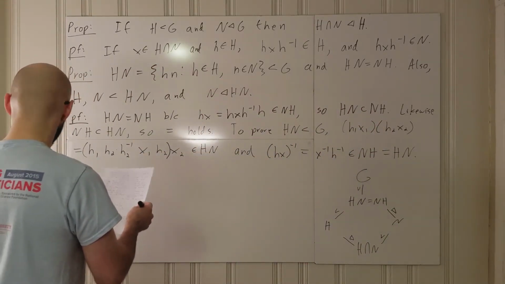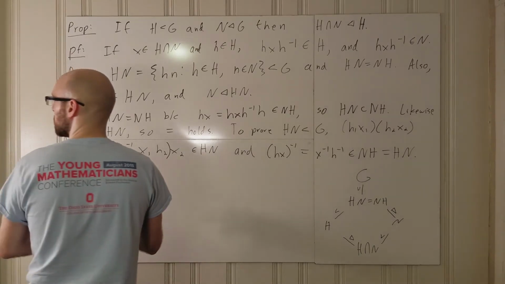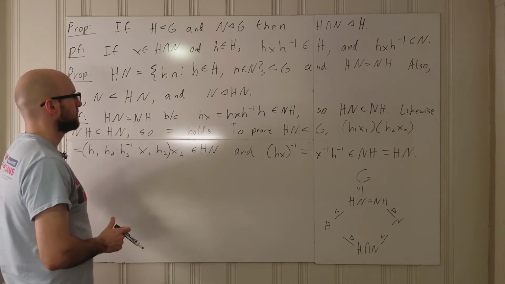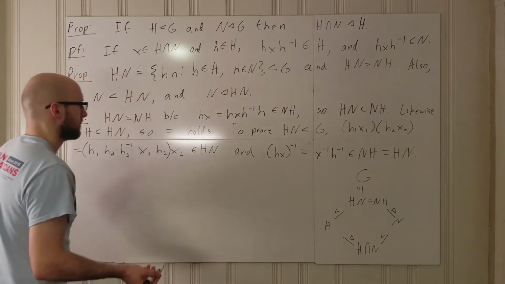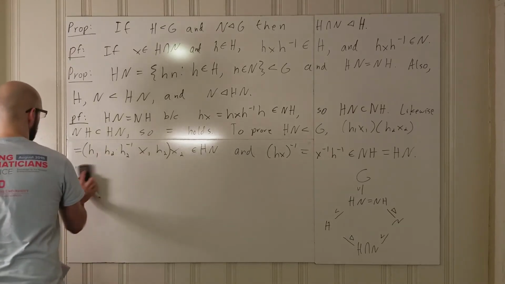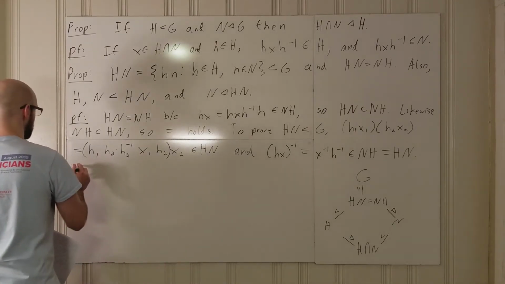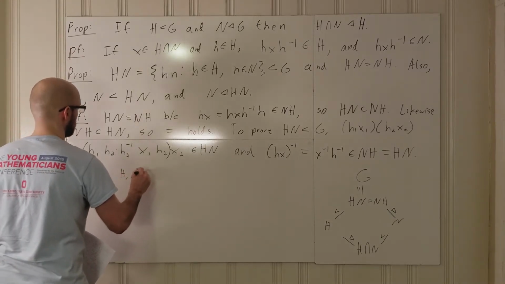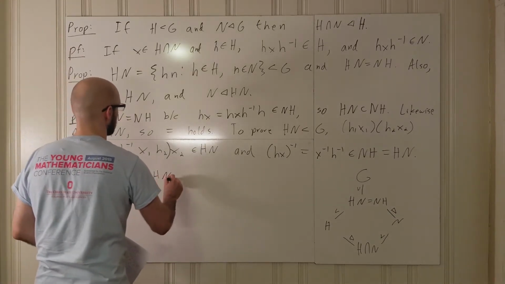Okay, I don't have a script to go off of for this part, so give me a second. So first of all, let's write clearly H and N are subgroups of HN.